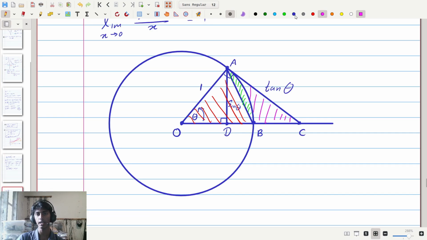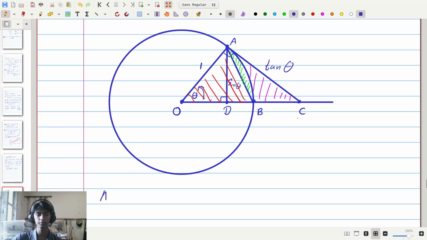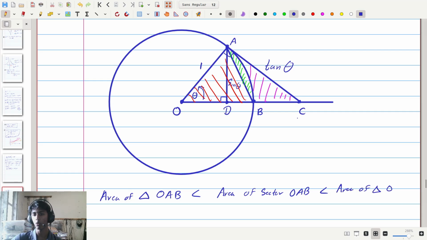We can see that if I write this out, the area of the triangle OAB is less than, we can clearly see it's less than the area of the sector OAB, and it's also less than the area of the triangle OAC.